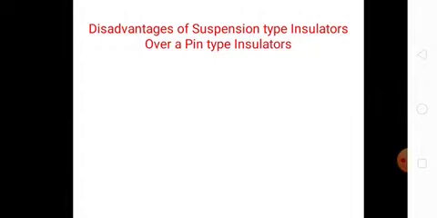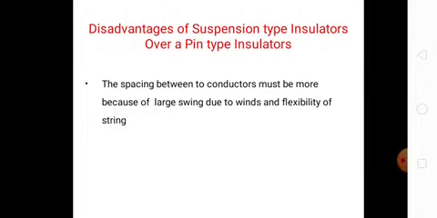And what are the disadvantages of suspension type insulators over pin type insulators?